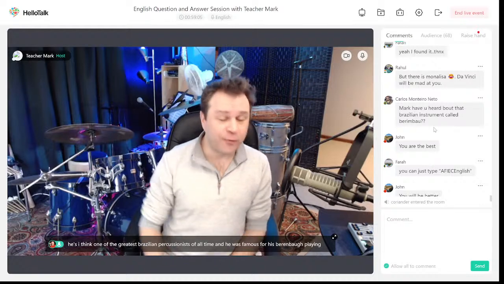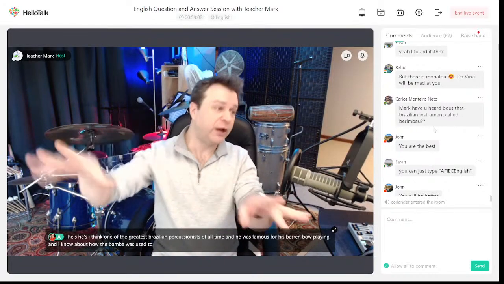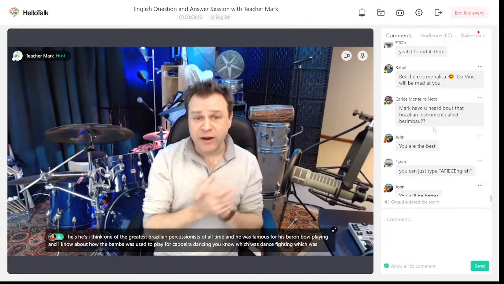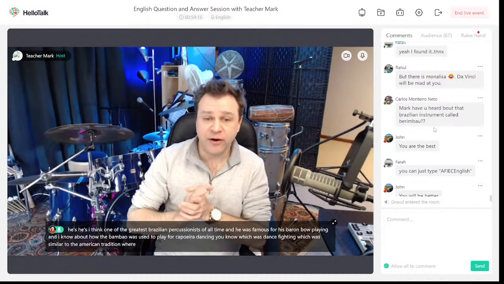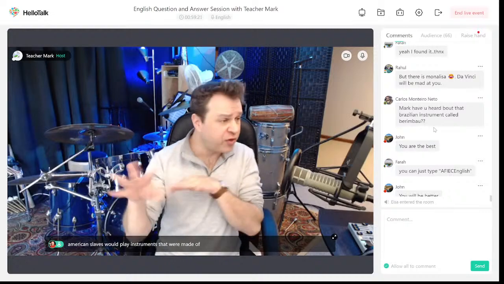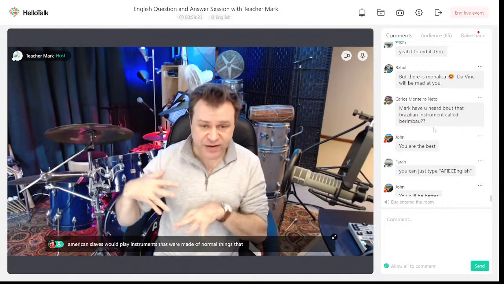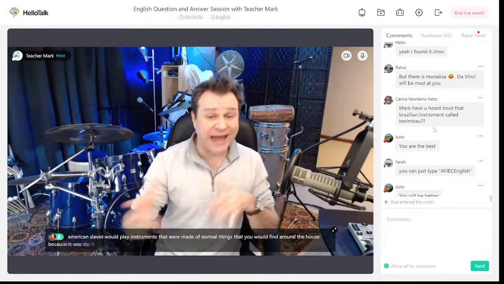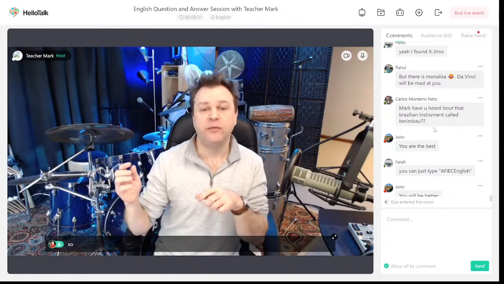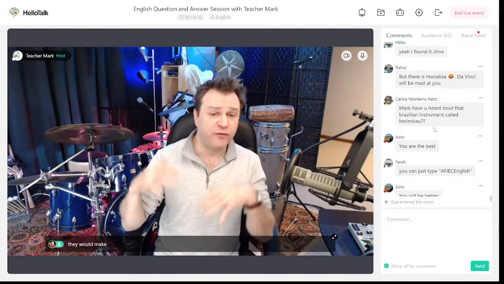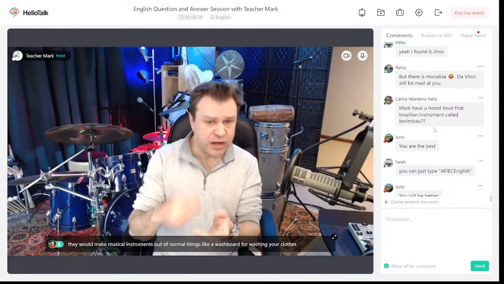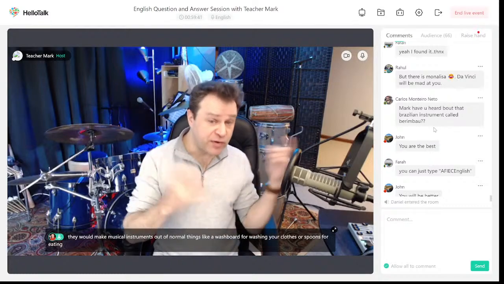And I know about how the berimbau was used to play for capoeira dancing, which was dance fighting, which was similar to the American tradition where American slaves would play instruments that were made of normal things that you would find around the house because they were not allowed to play music, so they would make musical instruments out of normal things like a washboard for washing your clothes or spoons for eating, and they would play music using those things.